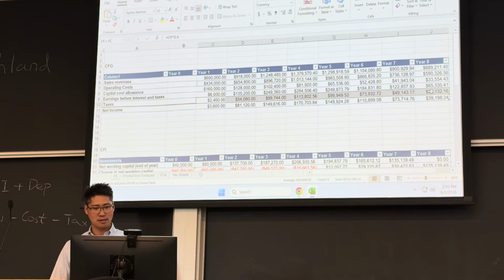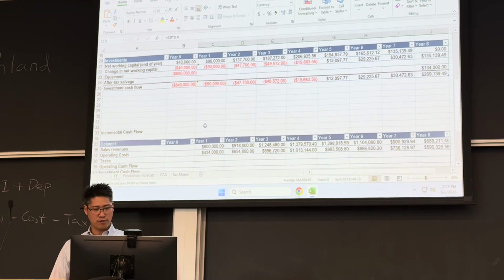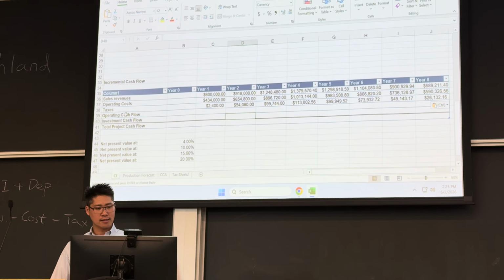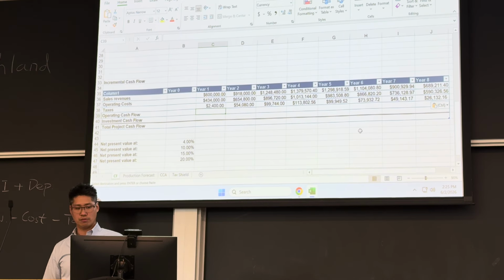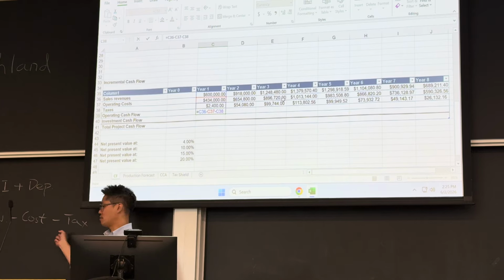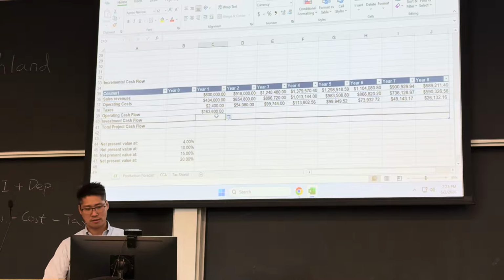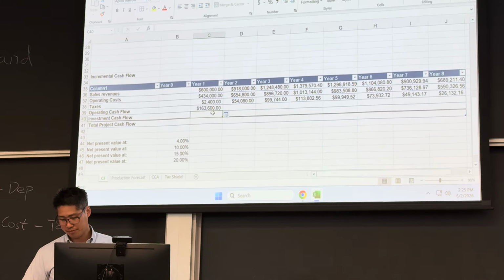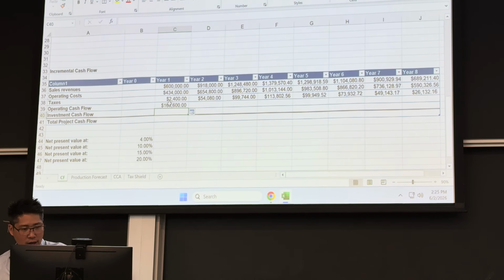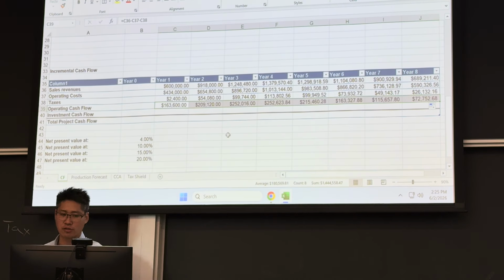I'm going to copy that and move it down here. What is the operating cash flow? Equal sales minus cost minus tax. That would allow me to isolate the operating cash flow. All I have to do is drag this across, and I have 8 years of operating cash flow.